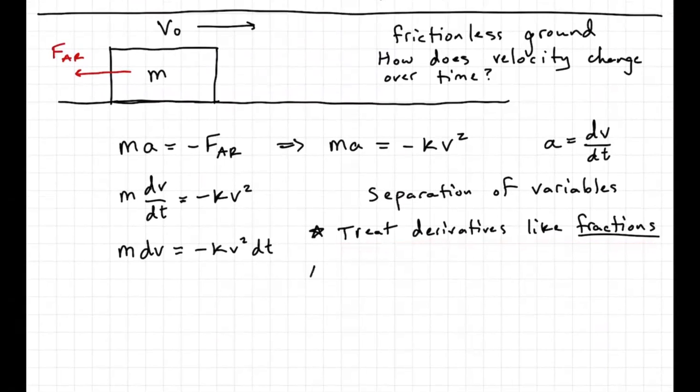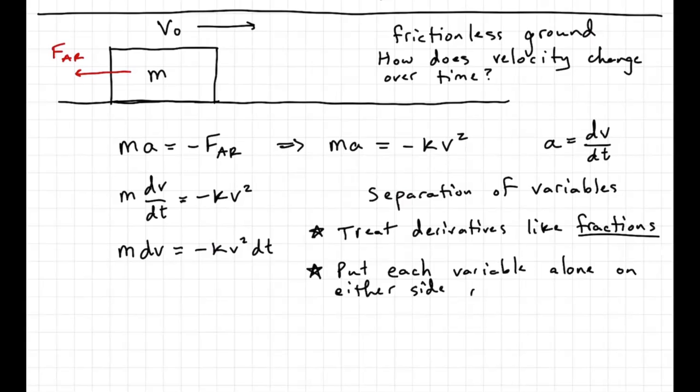The second thing is we're going to try to put each variable on either side of the equation. So put each variable alone on either side of the equation. What that means is that right now on this side, I've got dv over here.